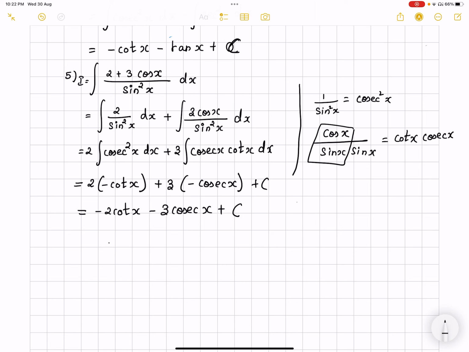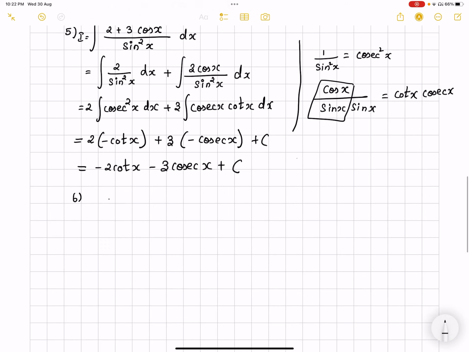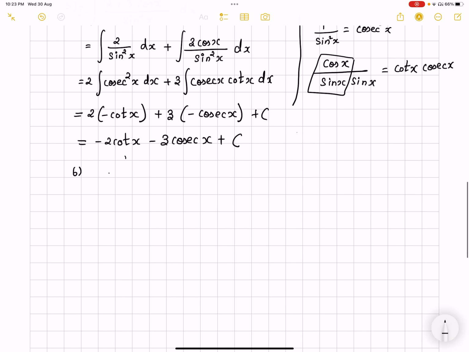Now let's work out the next problem. We have integral of 2 tan x minus 3 cot x, the whole square dx. So now let me just say the identity which should come to your mind when you observe the pattern.